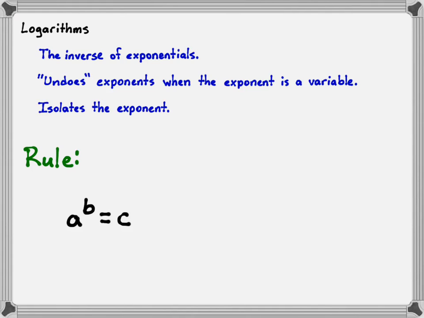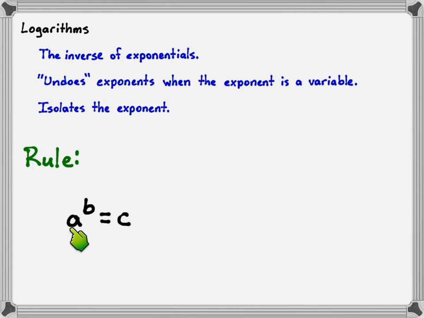So here's what the rule says. This is the definition of logarithm. Now we can develop all the rules that revolve around this, but this is just somebody saying, okay, I don't know necessarily how to undo this. I'm going to figure it out as time goes on. But for now, to undo an exponent, I'm going to call this the logarithm, and here's what it looks like.